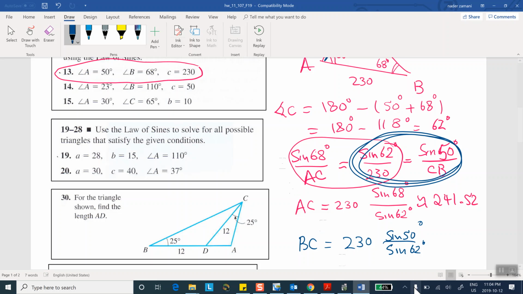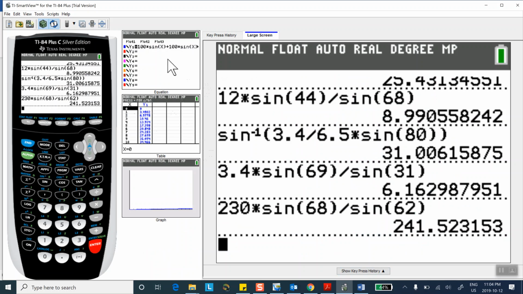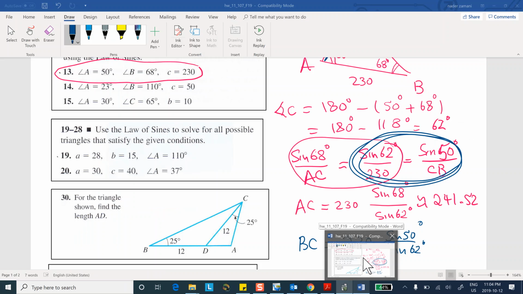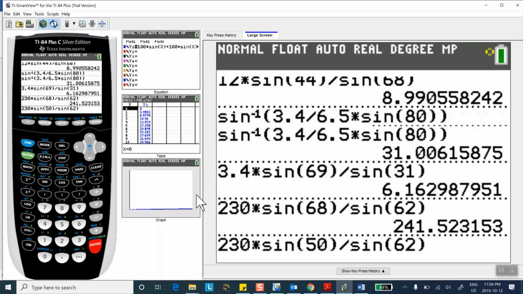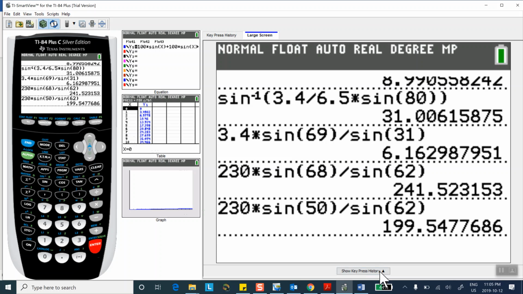Let's type it in. 230 times sine of 50, close the parentheses, divided by sine of 62, close the parentheses, hit enter, and you get 199.54.